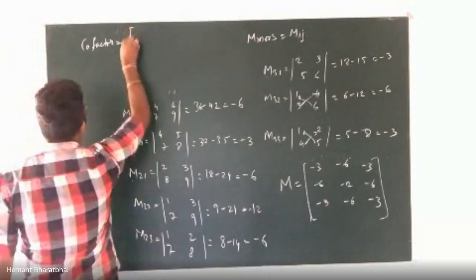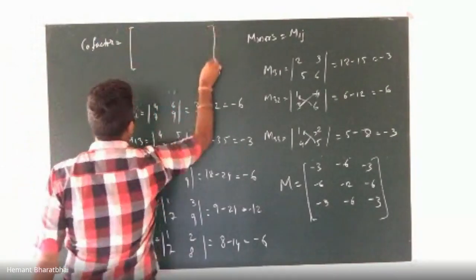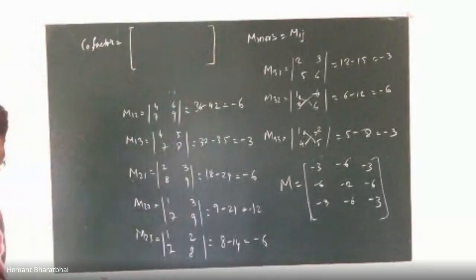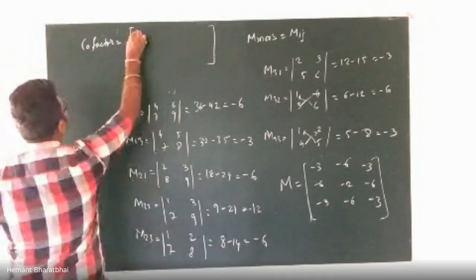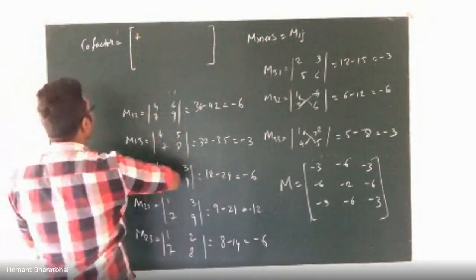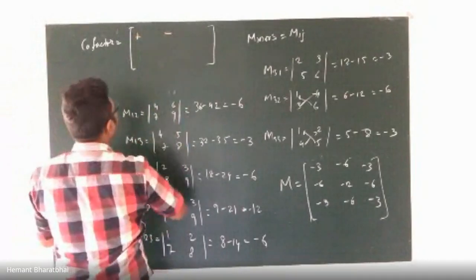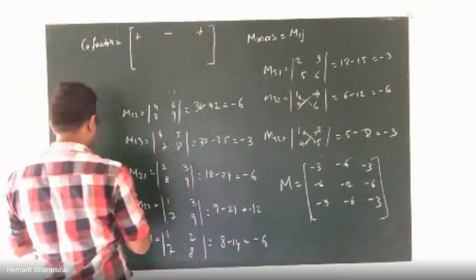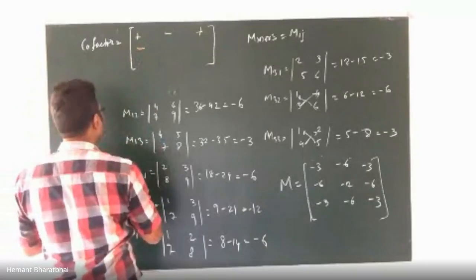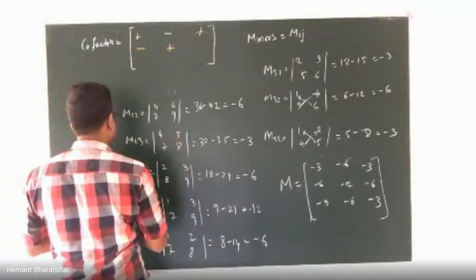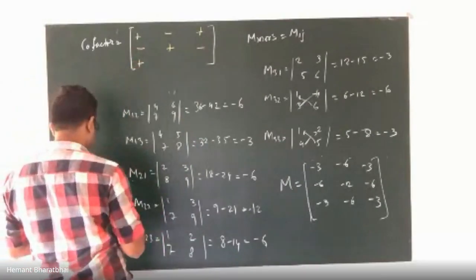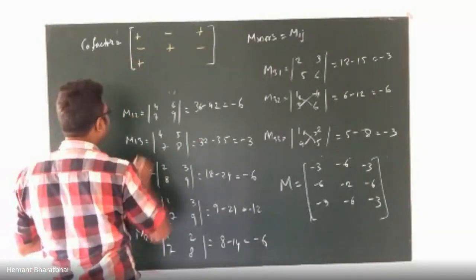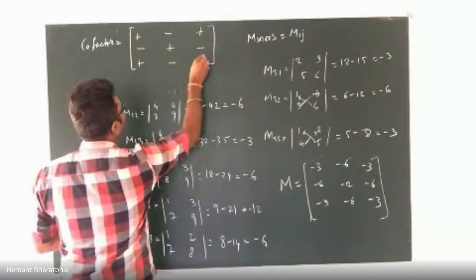So cofactor will be nothing but you have to apply this sign convention which I have shown previously. Plus, minus, plus, minus, plus, minus, then plus, minus, plus.